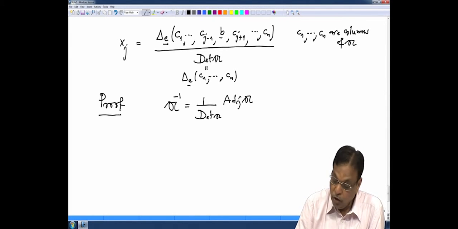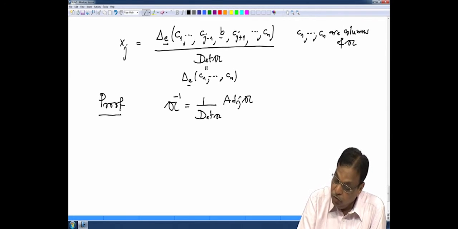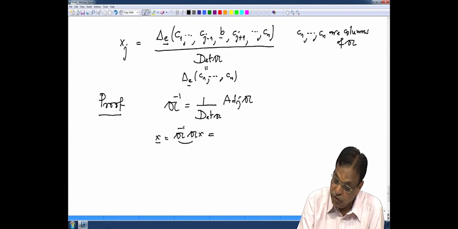Okay. Now, therefore, as I wrote earlier, the unknown vector x is nothing but A inverse of Ax, because this is identity, and this Ax is B.